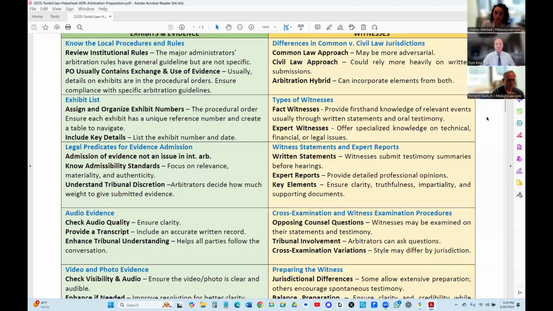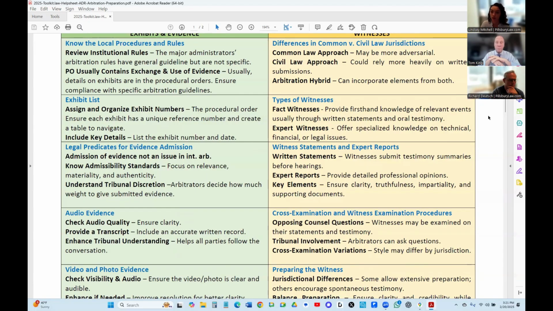So often in the common law tradition, we try to create a broad narrative of the case using witnesses, and in civil law jurisdictions, it may be a bit more focused, you could say. So in international arbitration, like I was saying, depending on what the parties decide and what the tribunal decides, you can draw from both of these traditions to determine how witnesses are going to be used throughout the international arbitration hearing and proceeding.